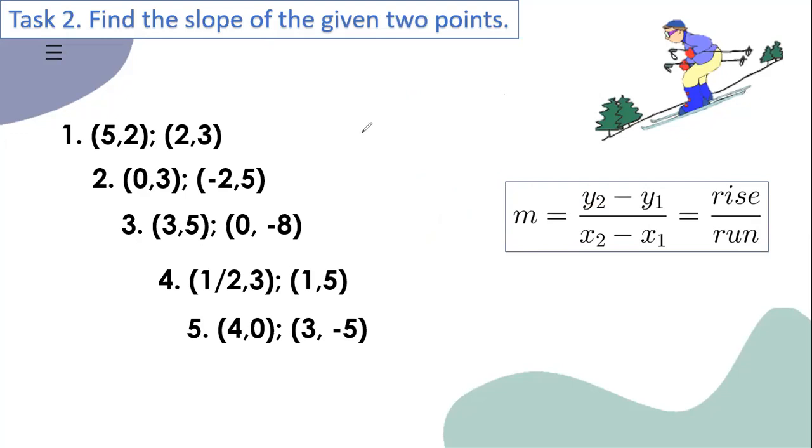So substituting sa ating formula for our first example, m is equal to, so dapat consistent tayo sa pagpili ng kung ano yung second and first variable. So for our y sub 2, ito na lang yung pangalawa natin. Ito yung first. So y sub 2 is 3, then minus y sub 1, that is 2. Then x sub 2 is 2 minus x sub 1 is 5.